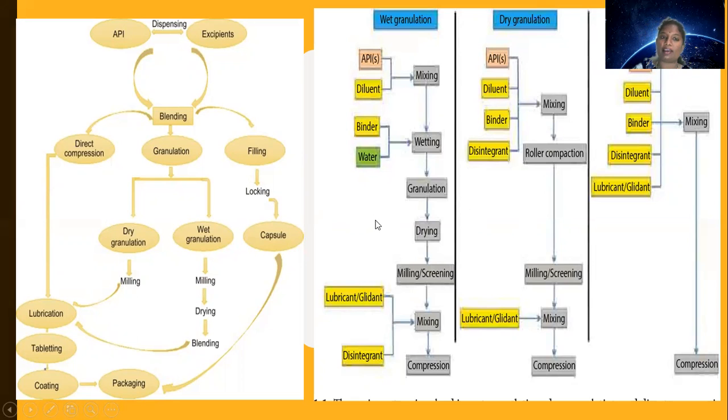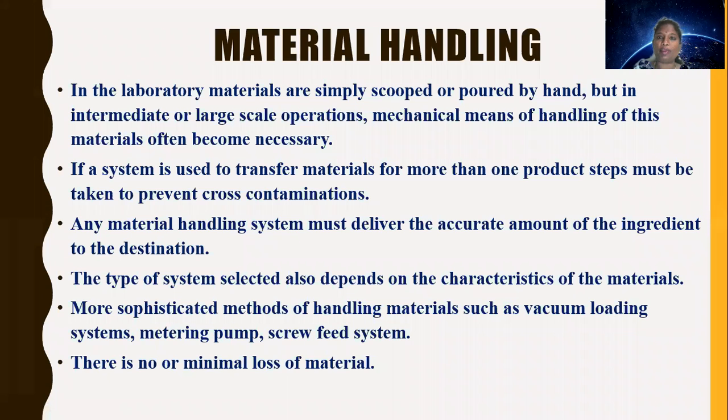While producing a dosage form, we have to perform different stages of operations, and while handling these operations we have to be very careful. What steps do we have to take care of? First, material handling.